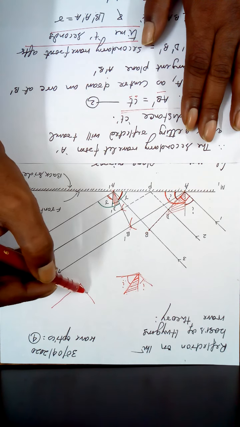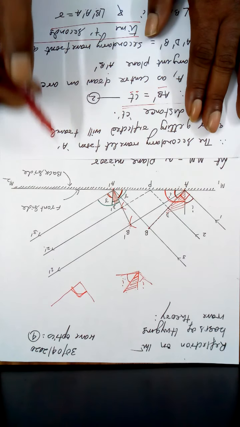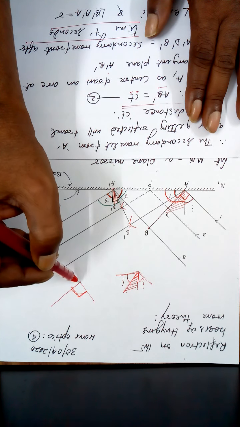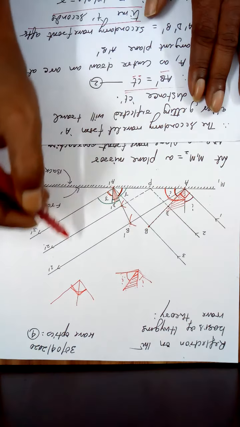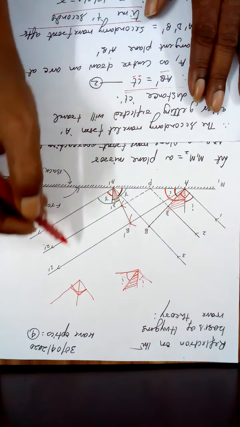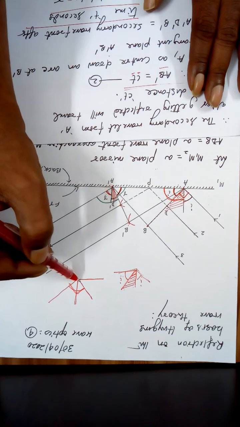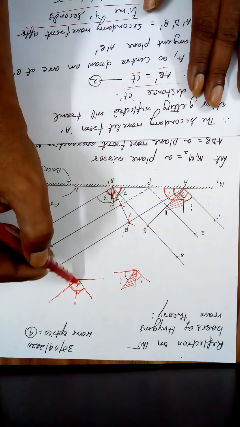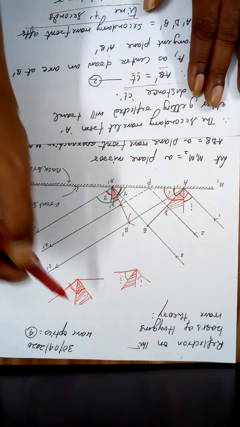Now this is R, this is 90, and this is 90, this is 90. So the common part is taken out.